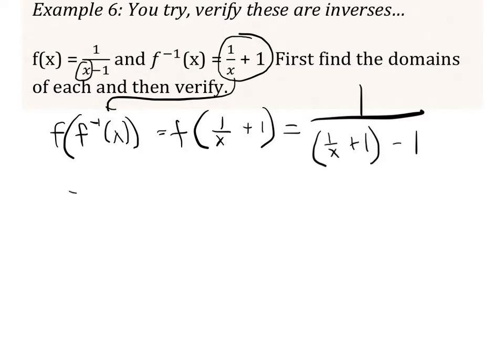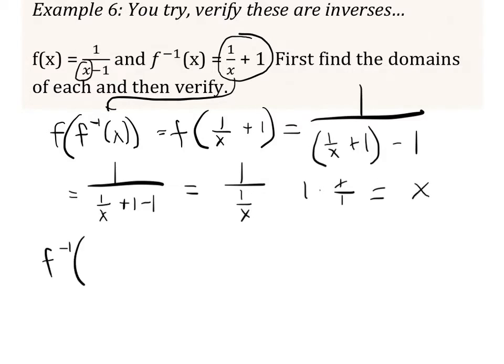So here we end up with this equaling 1 over x plus 1 minus 1, which equals 1 over x, which then you have to multiply 1 times x over 1, the reciprocal, which is just x. And then we do the exact opposite, f inverse of f of x, and we get f of 1 over x minus 1.